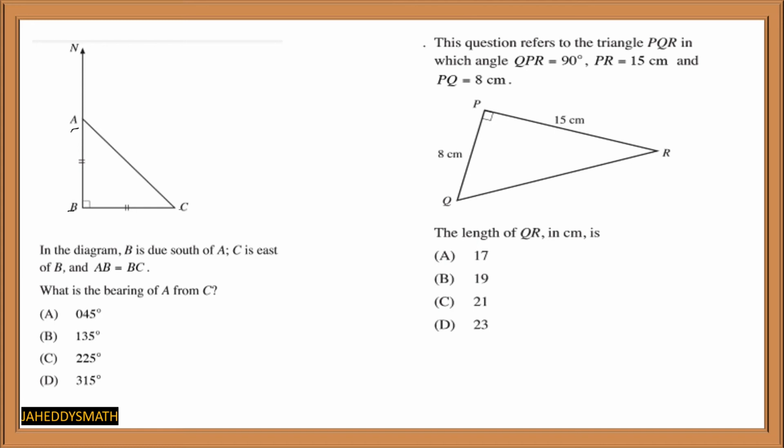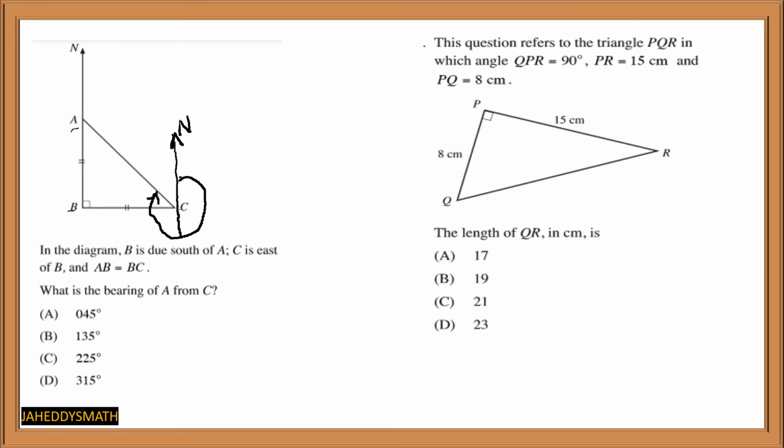So if we are at C, we're going to drop our north line right by C. And the bearing of a line drawn between 2 points is the angle it makes with the north line in a clockwise direction.